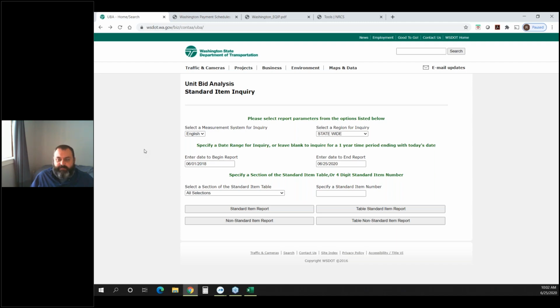They keep a record of all their past bids they've received for different elements. It lets you do a date range. It lets you sort by area. On the right side, you can go statewide, or you can go very specific areas according to how they orient the state.